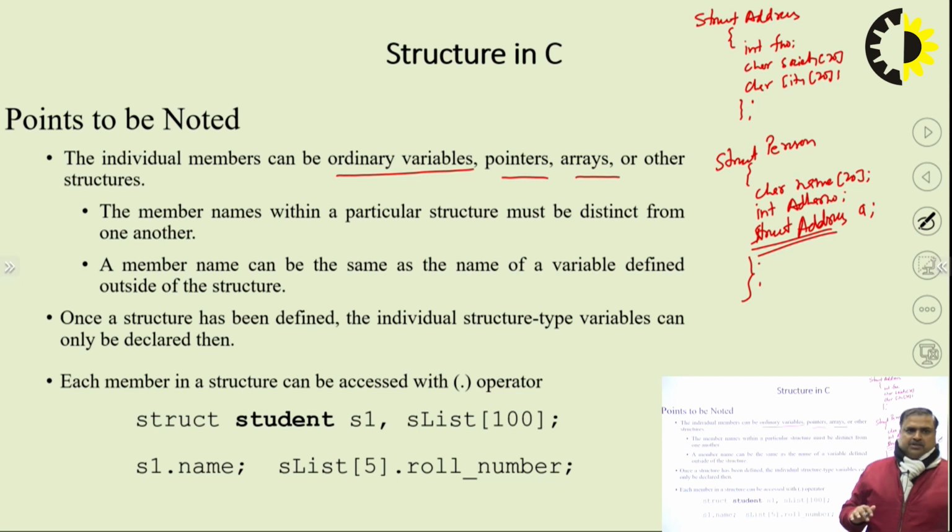These members within a particular structure must be distinct from one another. The same name for a member we cannot provide, like we were doing in the case of local variables. The member can have the same name as a variable defined outside the structure, because they are confined inside the boundary of the structure.